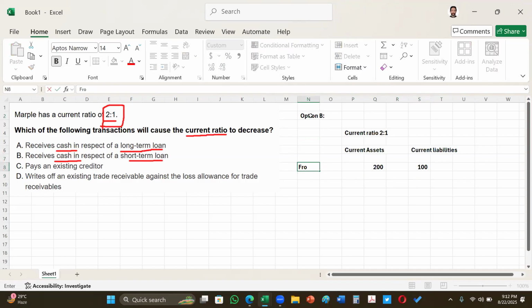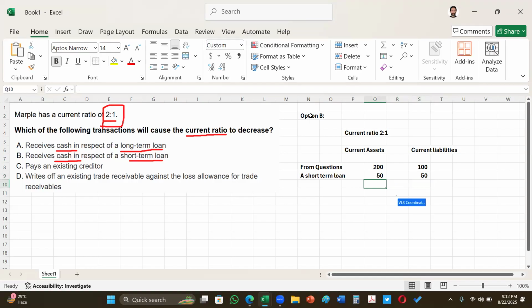If we have a short-term loan, and say the short-term loan is only 50, we add 50 to the current assets and 50 to the current liabilities, and now the new state is 250 and 150.